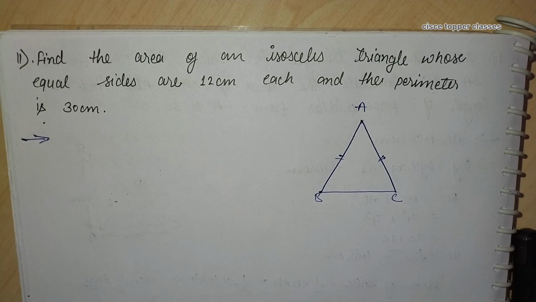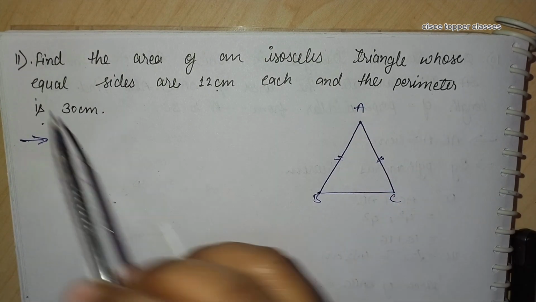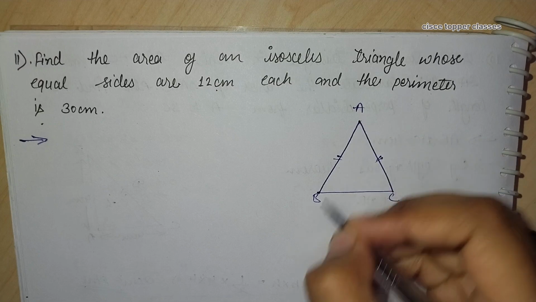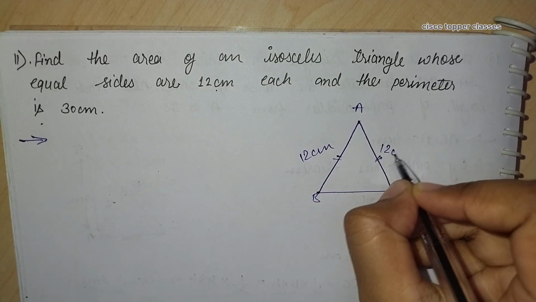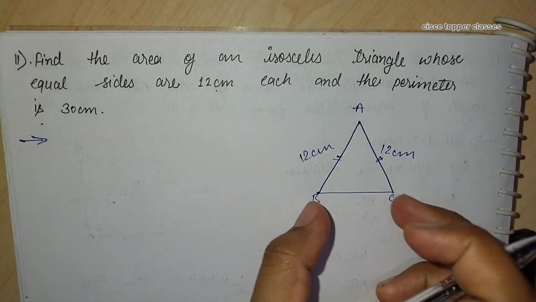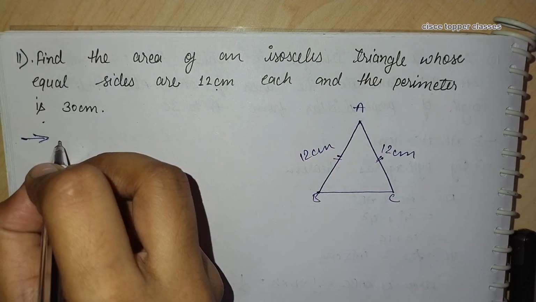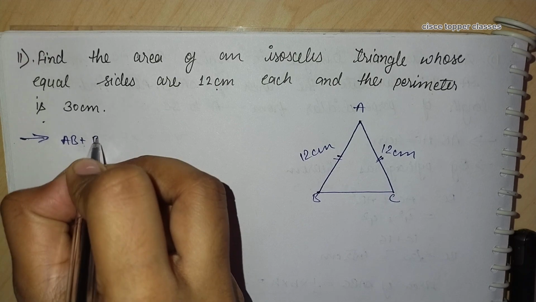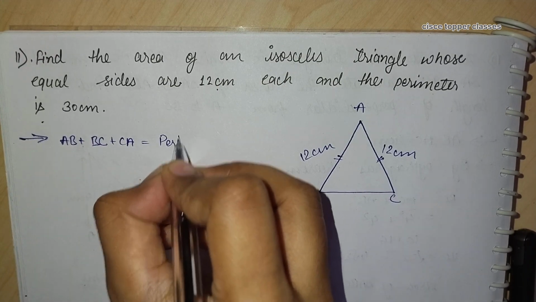We have to find the area of an isosceles triangle whose equal sides are 12 centimeter each and the perimeter is 30 centimeter. Here let this isosceles triangle be ABC and these two sides are equal, AB and BC. We have to find here BC so that we can find the area by Heron's formula. So let AB plus BC plus CA be equal to the perimeter of triangle.